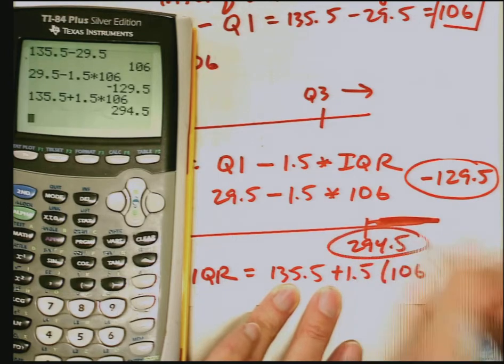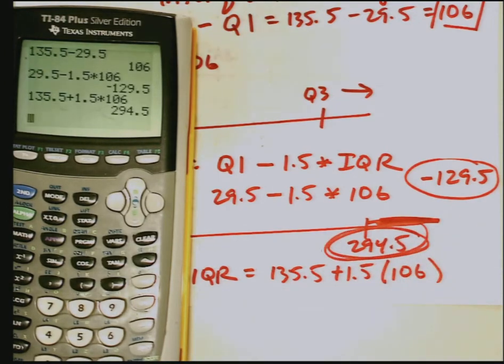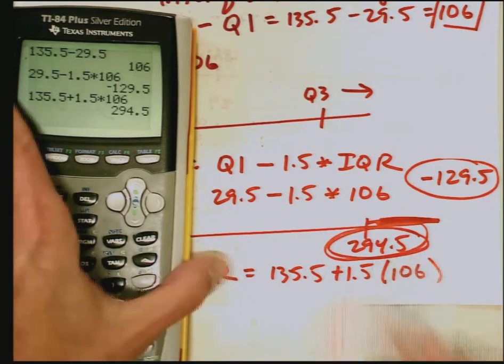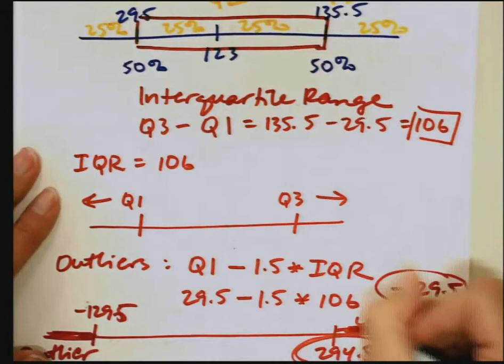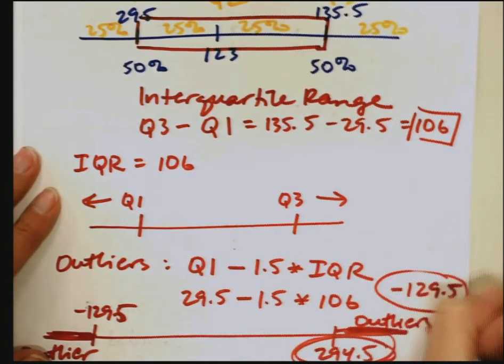So I would need a month that had more than 294.5 tornadoes in it to have an outlier on the right.